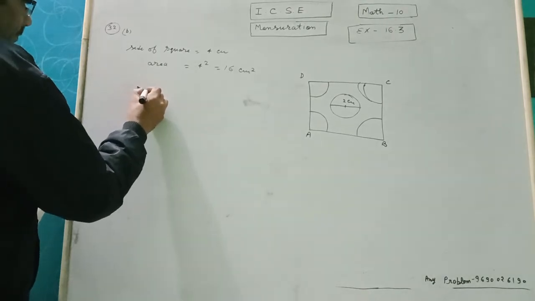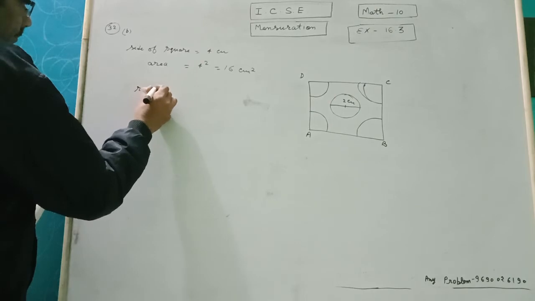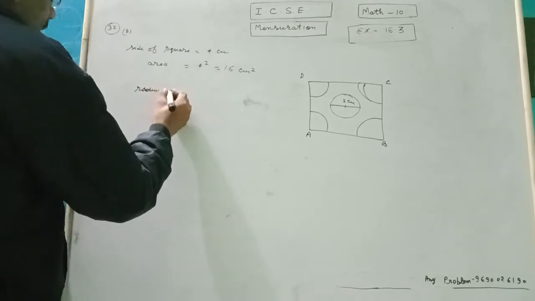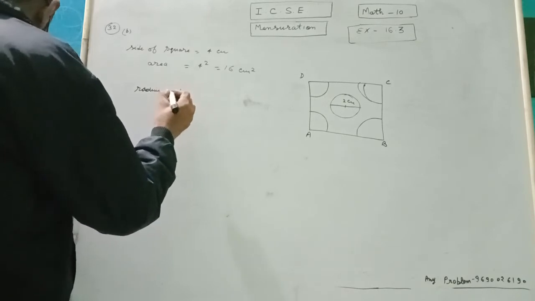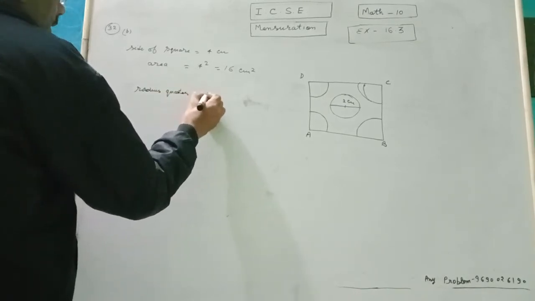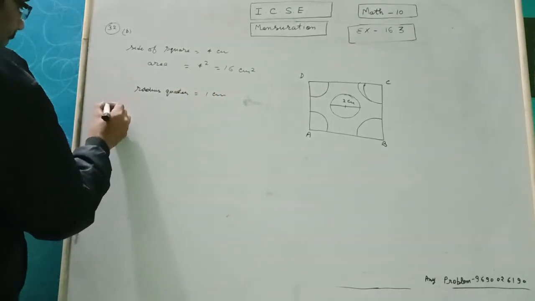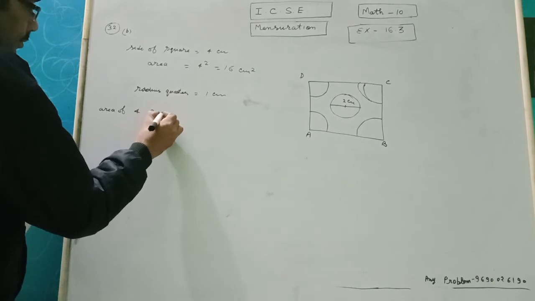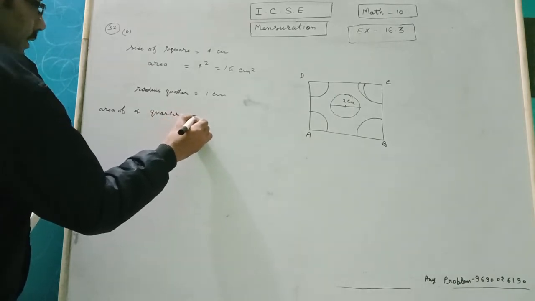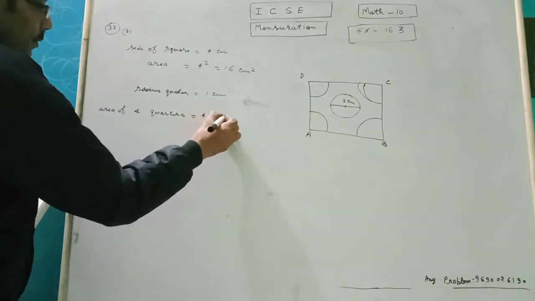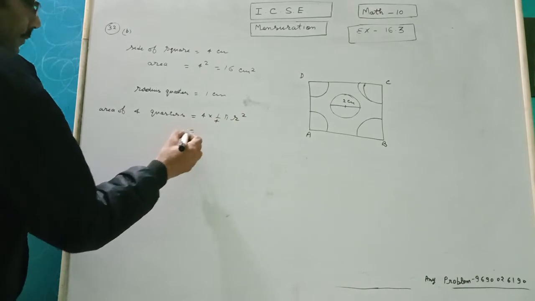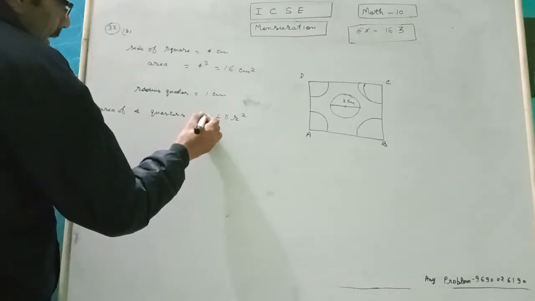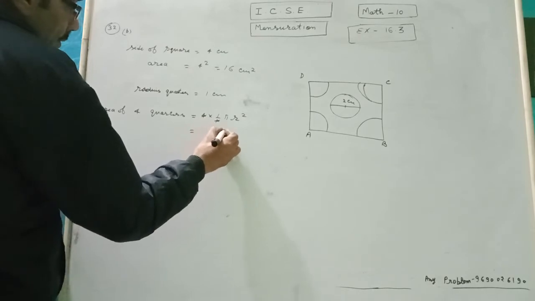Radius of quarter is equal to 1 cm. Area of 4 quarters is equal to 4 into 1/4 pi r square. 4 divided by 4, pi value is 3.14.